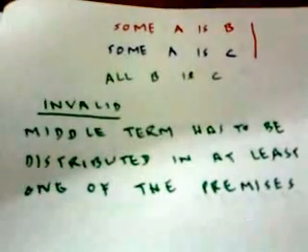What does being distributed mean? It means it should cover all of A. If you read the first two statements, the common term here is A. So A is the middle term, but we are covering some A in statement 1 and we are covering some A in statement 2.